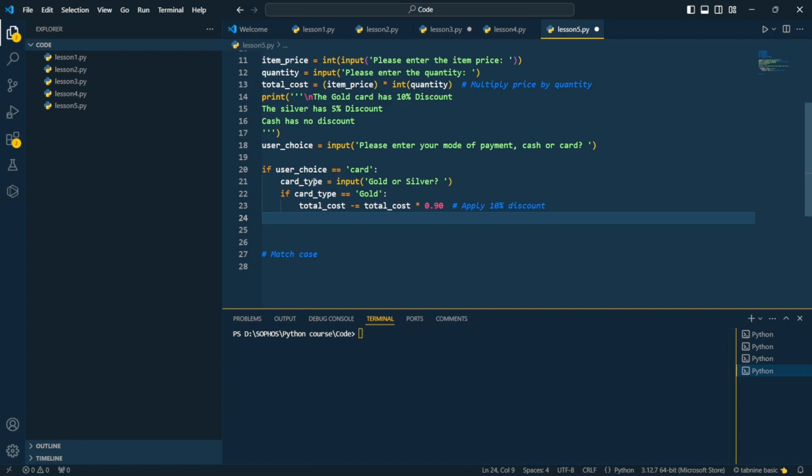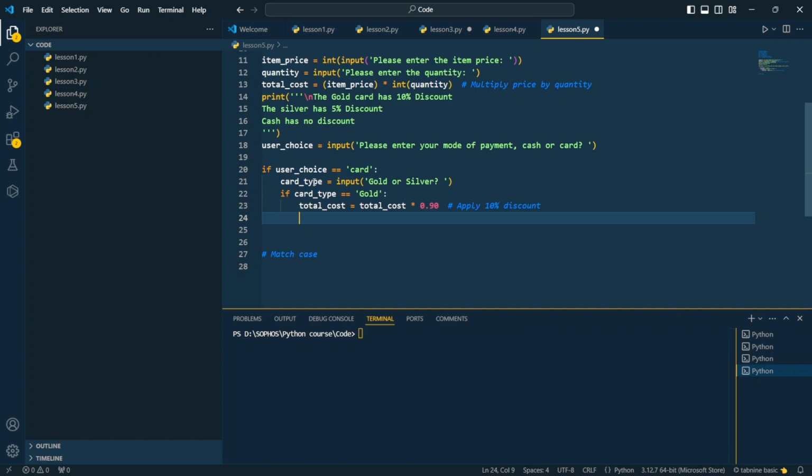Okay, this was minus, my bad. So that was also correct because it was subtracting the 10% from the total cost. What I'm doing now is reducing the total cost from 100% to 90% by multiplying the total cost with 0.9 and then saving the value again inside the total cost variable that I made.